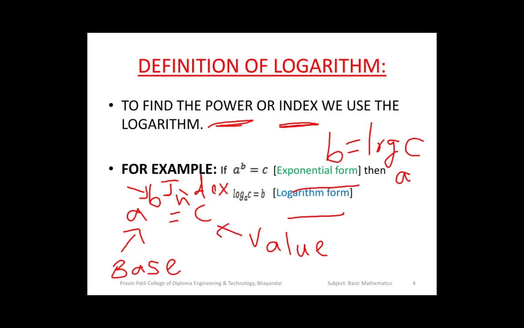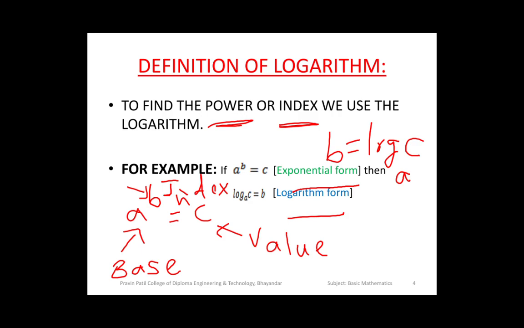Clear? Definition is clear. So class, the first thing you have to understand is what is logarithmic form and what is exponential form. Exponential form is written in the form of raised to. Whenever a number is written in the form of raised to, that form is known as an exponential form.